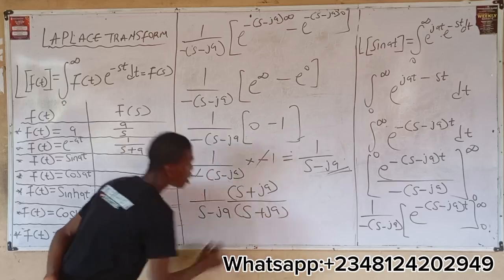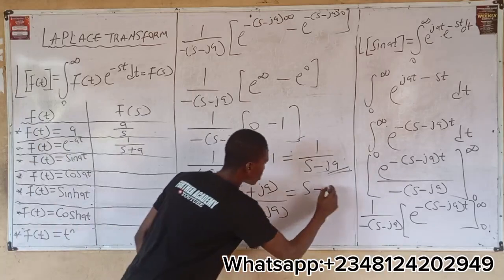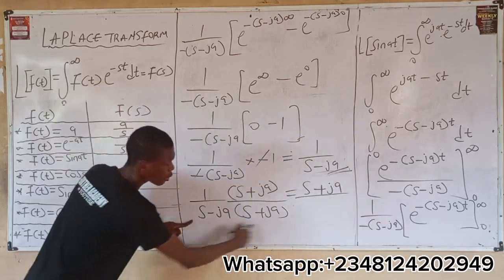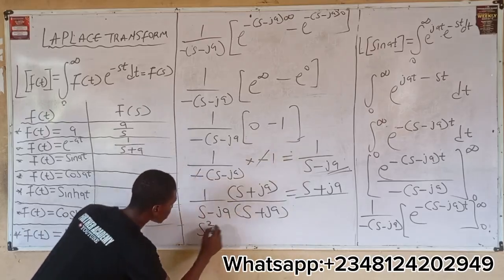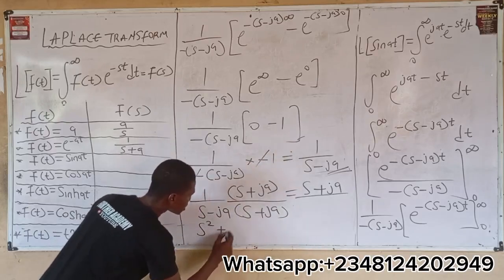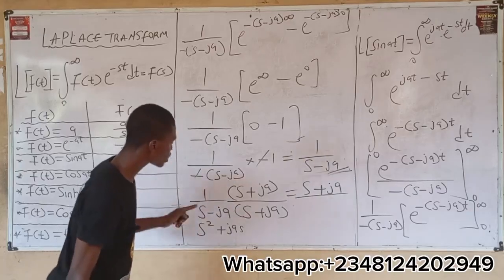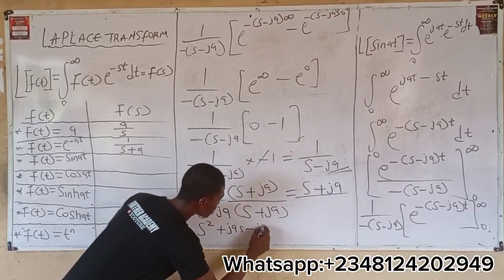Okay, let's simplify this. I then have x plus ja all divided by this. Open up your bracket. X multiplied by x, you have x square. X multiplied by positive ja, you have positive jax, right? The next one, negative ja multiplied by x, you have negative jax.